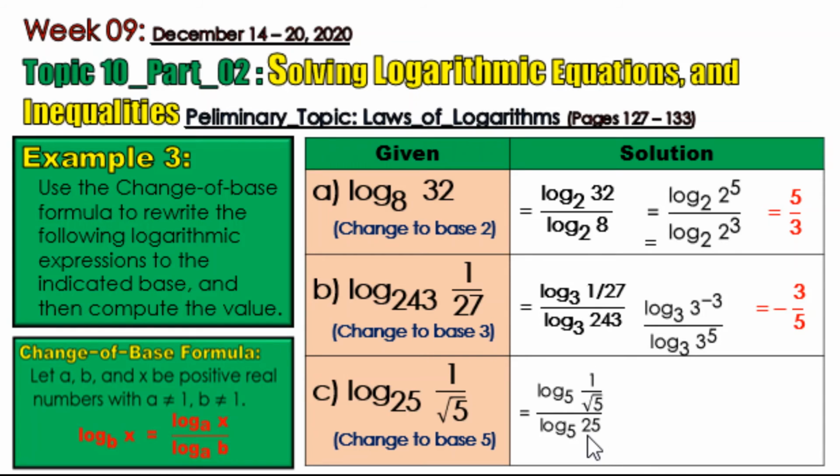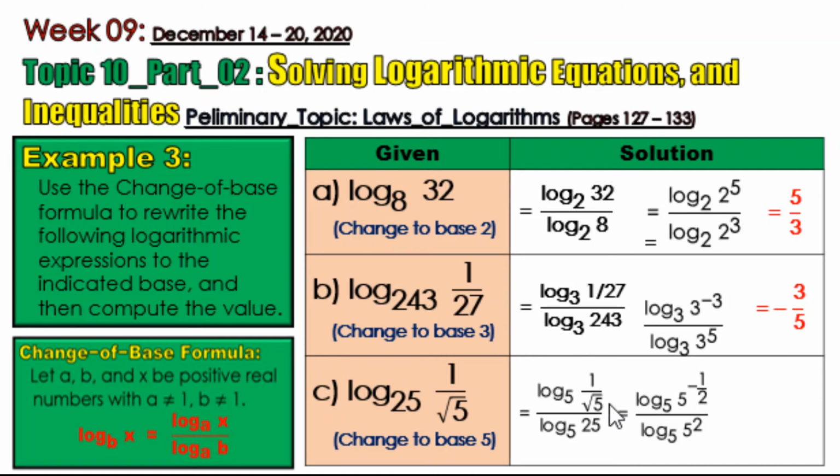And also 25, we will be expressing so that we can have a base of 5. Therefore 1 over square root of 5 can be expressed as 5 raised to negative 1/2.